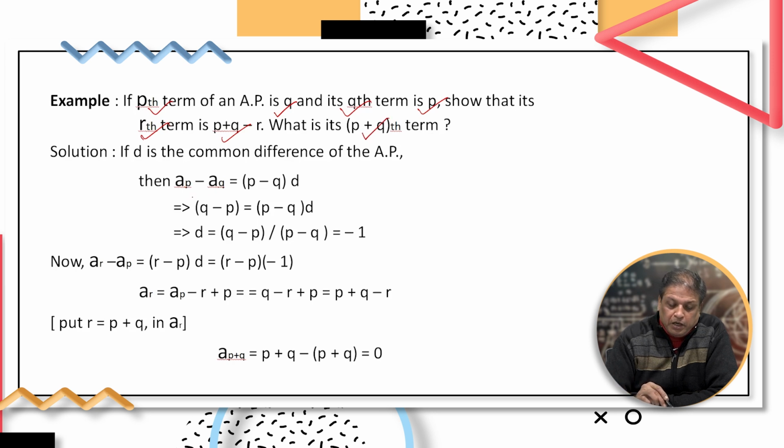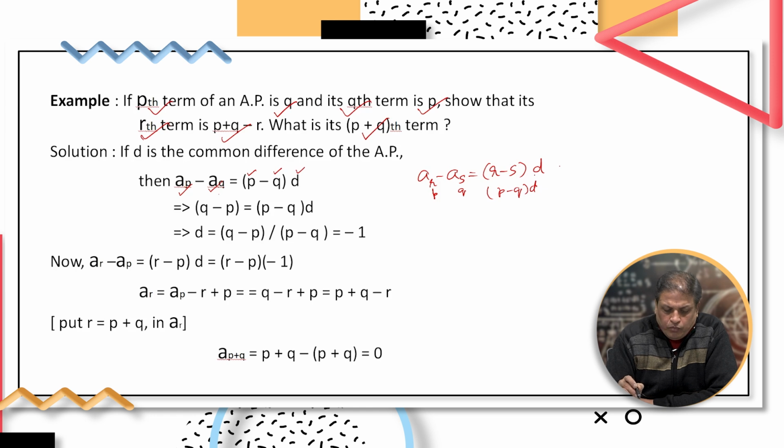Now, a p minus a q, that is the pth term and the qth term, the difference will be equal to p minus q into d. We had already learned that a r minus a s will be equal to r minus s into d. This is the normal formula. So substituting r as p and s as q, you will get it equal to p minus q into d.